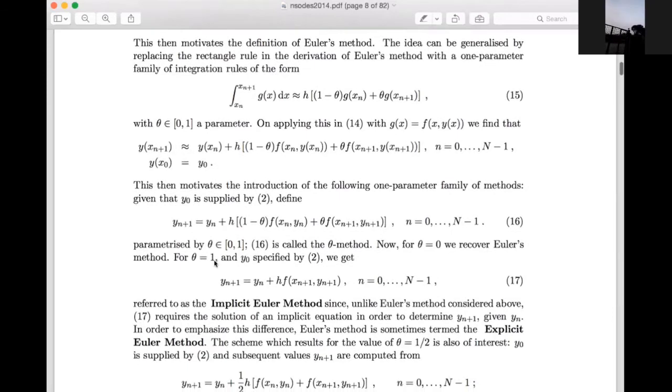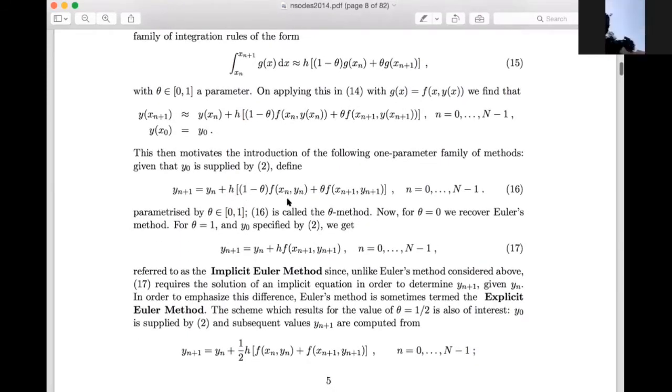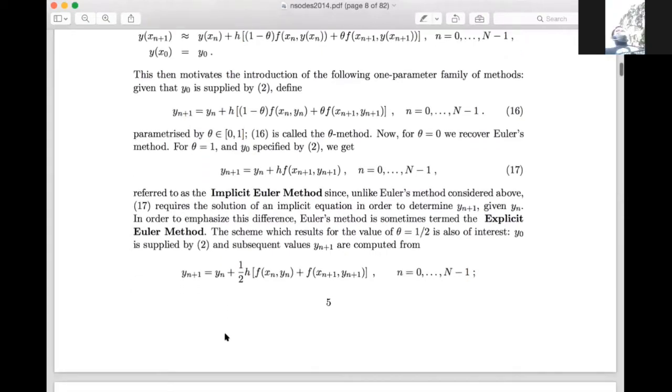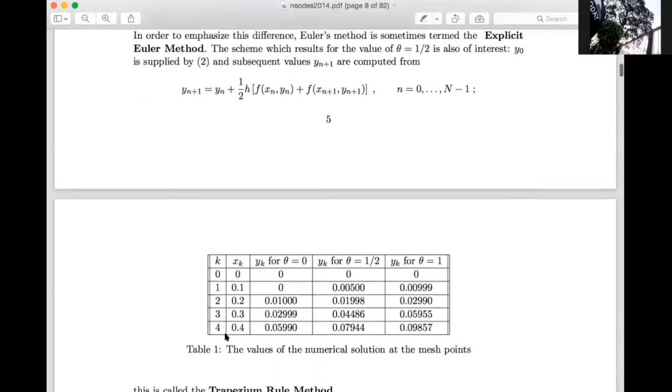So this is the theta method, a one-parameter family of methods: yn plus 1 is equal to yn plus h times (1 minus theta) fn plus theta fn plus 1. They explain that if theta is equal to 1, we have the implicit method; if theta is equal to 0, we have explicit Euler; and if theta is equal to 1 by 2, we have trapezoidal.